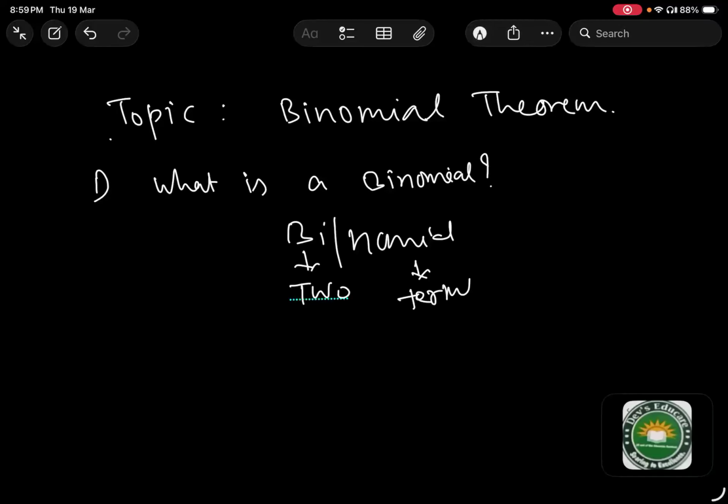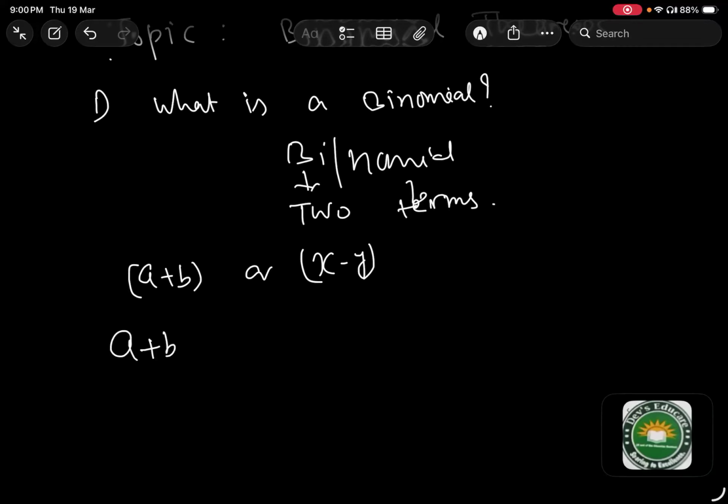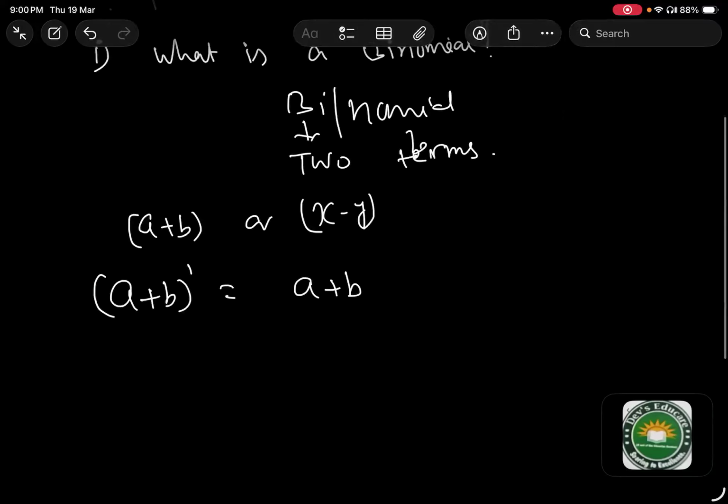Nomial means terms. Okay. So suppose we have a plus b or x minus y. So these two have two terms, right? So we can say it is binomial. So if we expand manually, a plus b to the power 1 can just be written as a plus b itself.